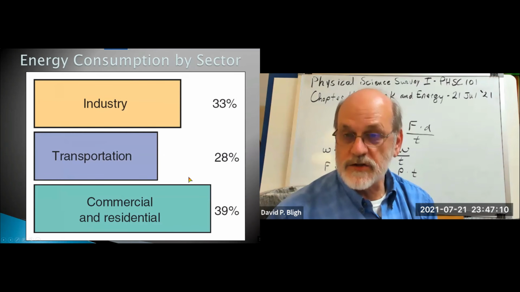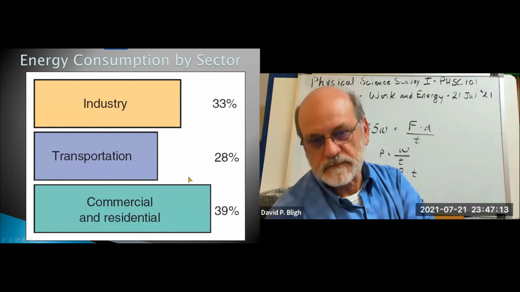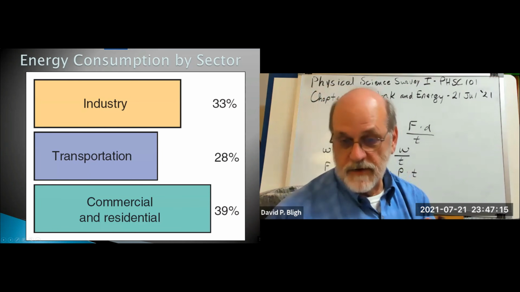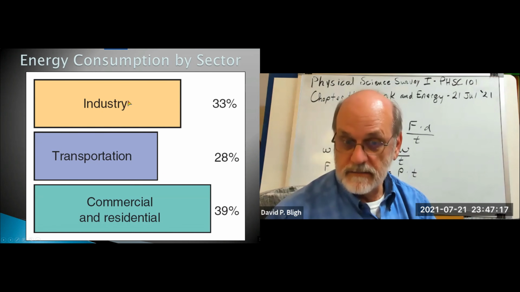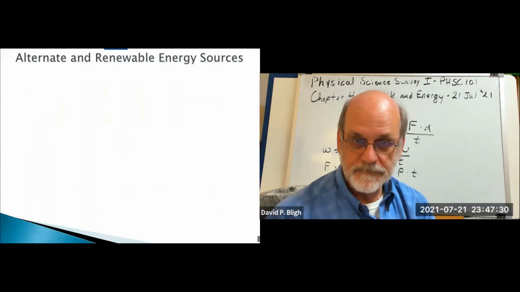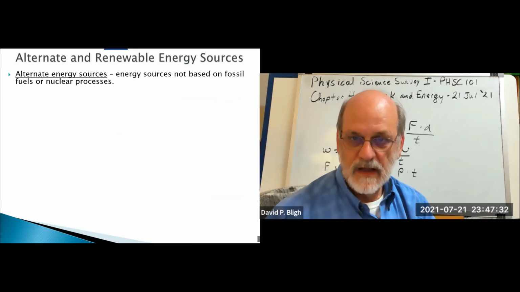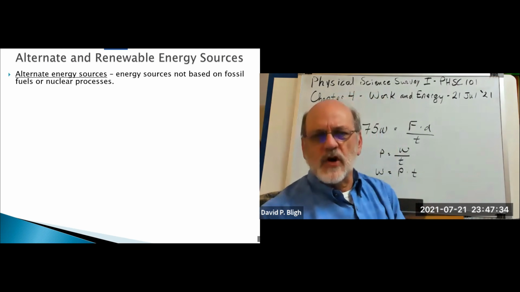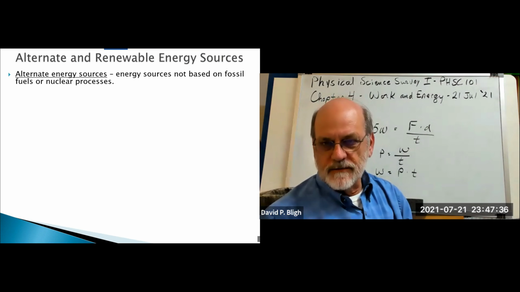Now, where is that energy consumed? Well, a very large chunk of it is industry. Transportation takes a big share, and commercial and residential uses also take a big share. They're about equal, a third of each. We define some terms. Alternate energy sources.